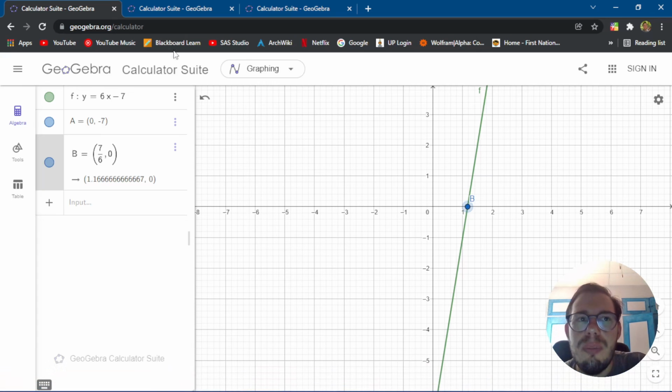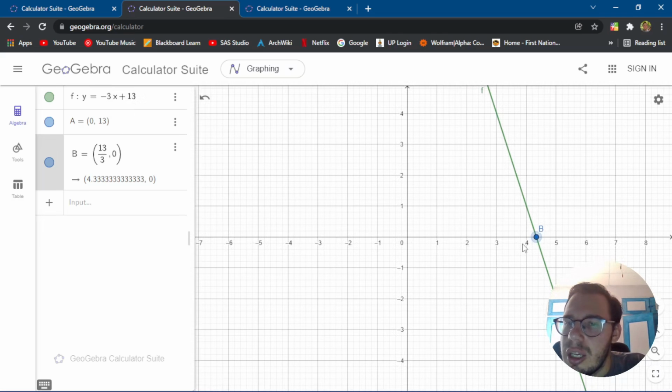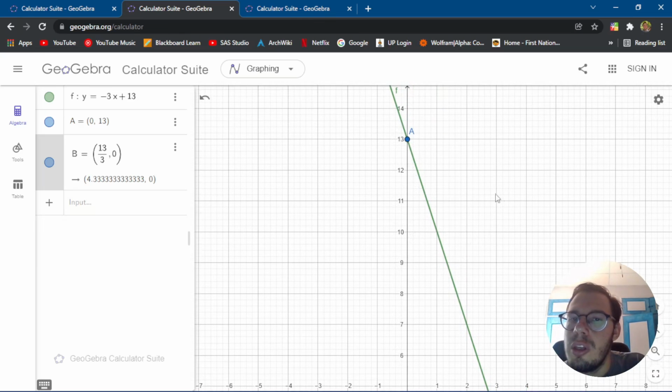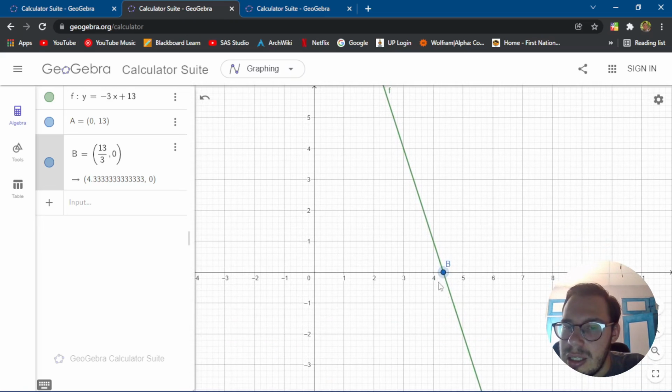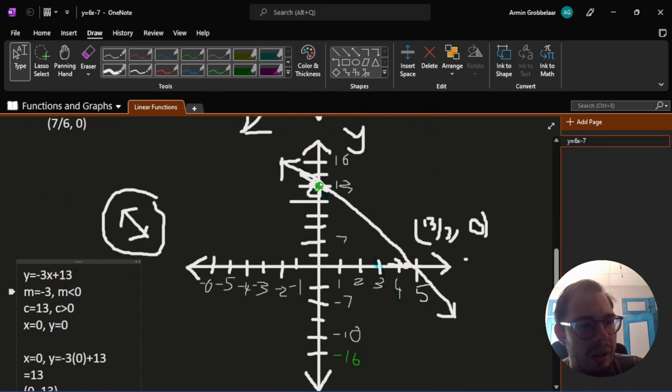So here in GeoGebra, you can see the function y is equal to minus 3x plus 13. And you can see here our point where it cuts the y-axis is (0, 13), and where it cuts the x-axis is the point B, (13 divided by 3, 0). So if we have x equal to 0, that will be the point where the function cuts the y-axis, and that will always be the point (0, c), where c is the plus c in the form above.